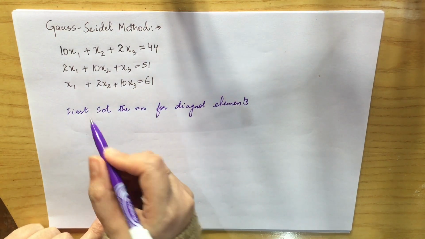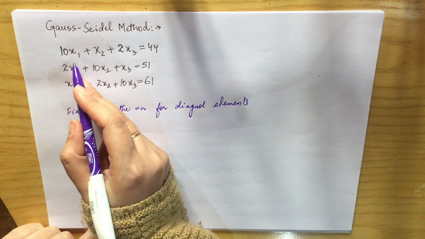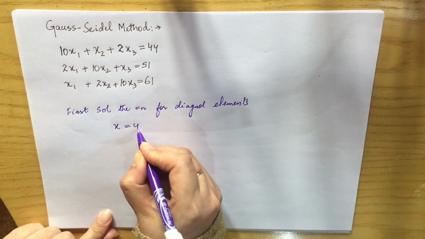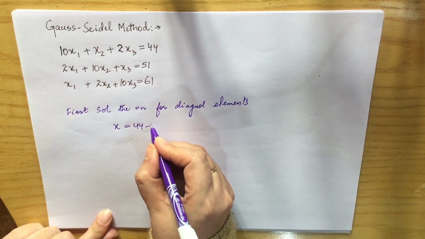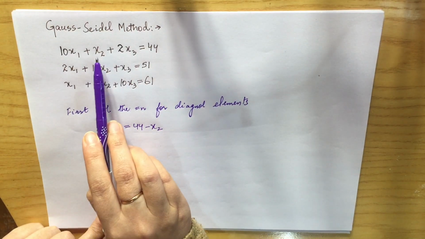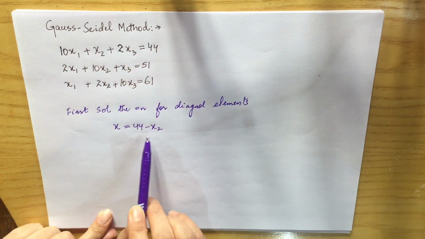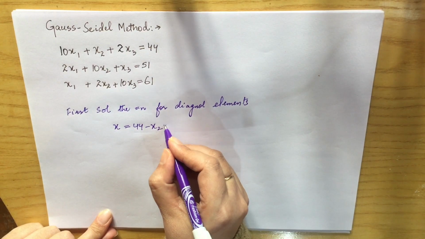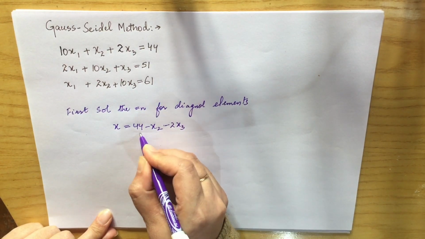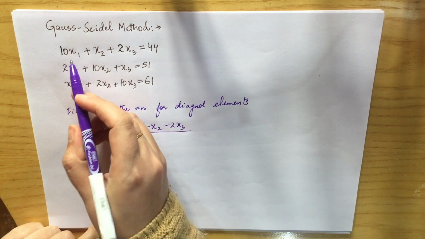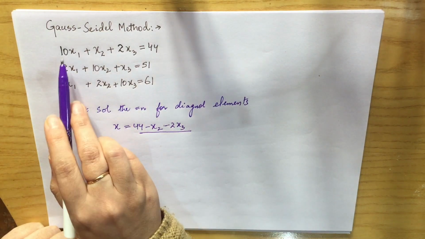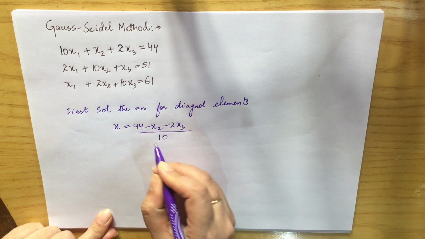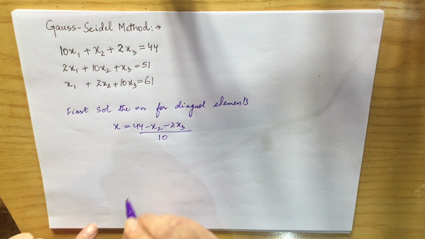When we solve it for the diagonal elements, our x1 in the first equation will be equal to 44 minus x2, because we shift this x2 to this side, it will be minus x2. Similarly, we shift this term to this side, it will be minus 2x3, whole divided by 10. Because the coefficient of x1 here is 10, it is in multiplication; when it shifts its side, it will be in division, so it will be divided by 10.